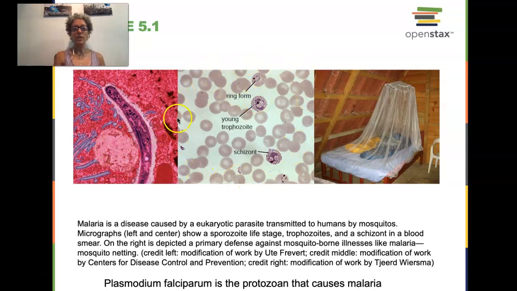This would be a blood sample from a patient. The pink circles are the red blood cells, and the circles that have spots in them are different life stages of the Plasmodium falciparum. This disease is transmitted by mosquitoes.